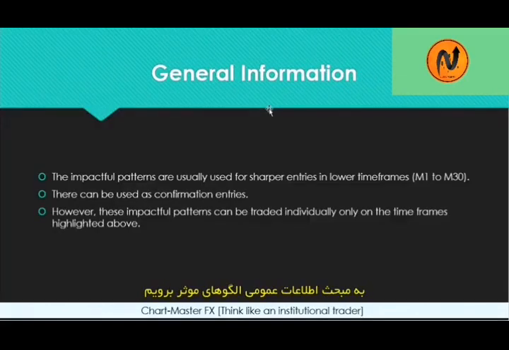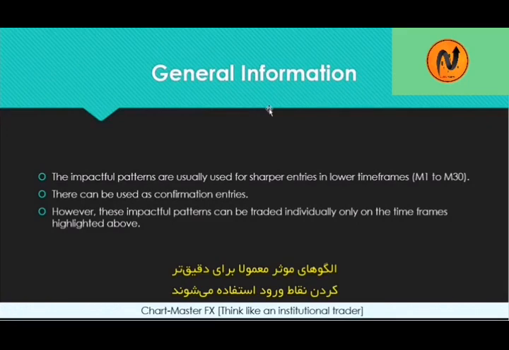Let's go to the general information concerning the impactful pattern. The impactful patterns are usually used for sharper entries in lower time frames, as I have alluded before, that you can use this standard operating procedure on M1 to M30.